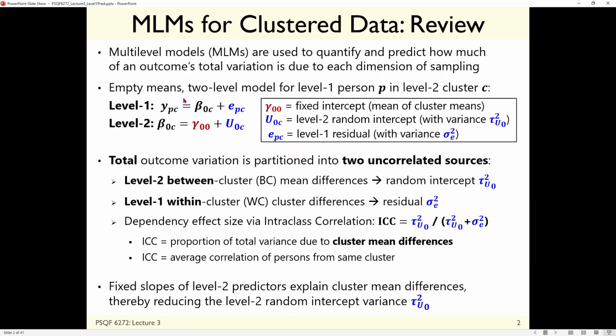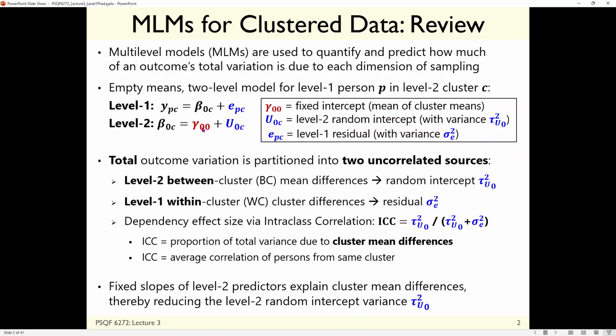So we talked about an empty model as a starting point, where we have a level 1 model for the outcome for each person in each cluster. We then have a level 2 model for how each cluster gets their own mean as a starting point. So beta 0c here is a variable, but it's not an estimated parameter per se. It is a container for estimated parameters.